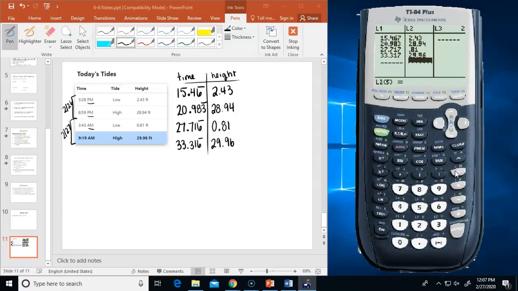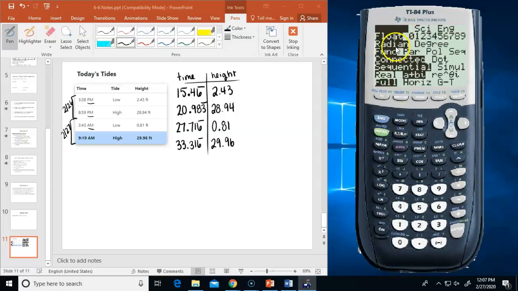And we do want to be in radian mode whenever we do this. So you might want to just check and make sure you are in radian mode. So if you hit mode, which is right beside your blue button, you should see it is in radian mode. It's default for these calculators. So if your calculator's been reset recently, it should be there.